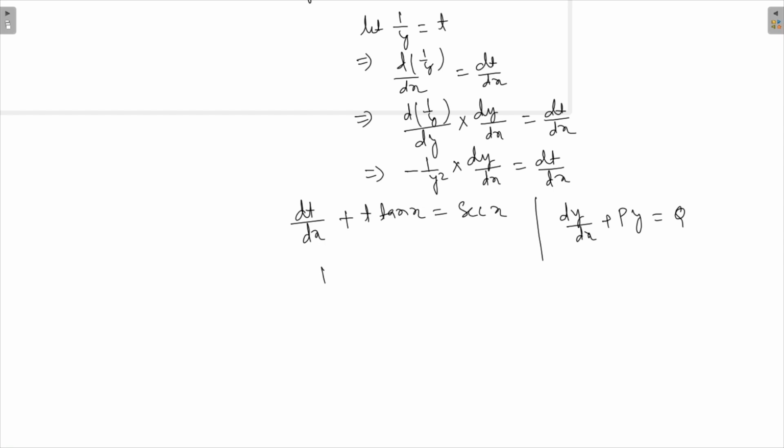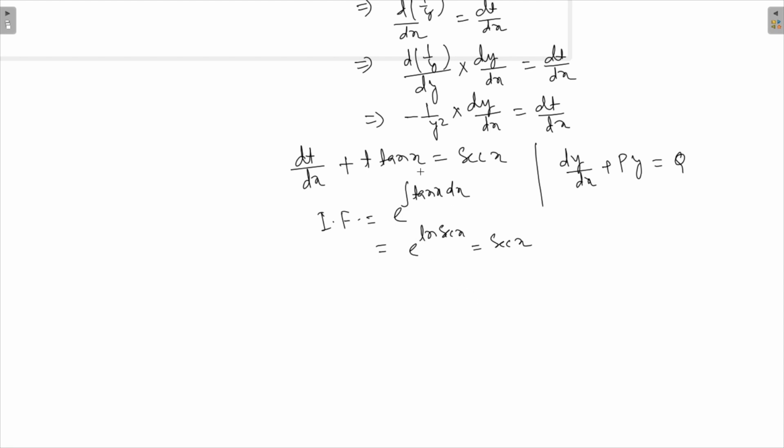So our integrating factor will be e raised to the power integral of tan x dx, which is nothing but e raised to the power log sec x, and this becomes sec x itself.